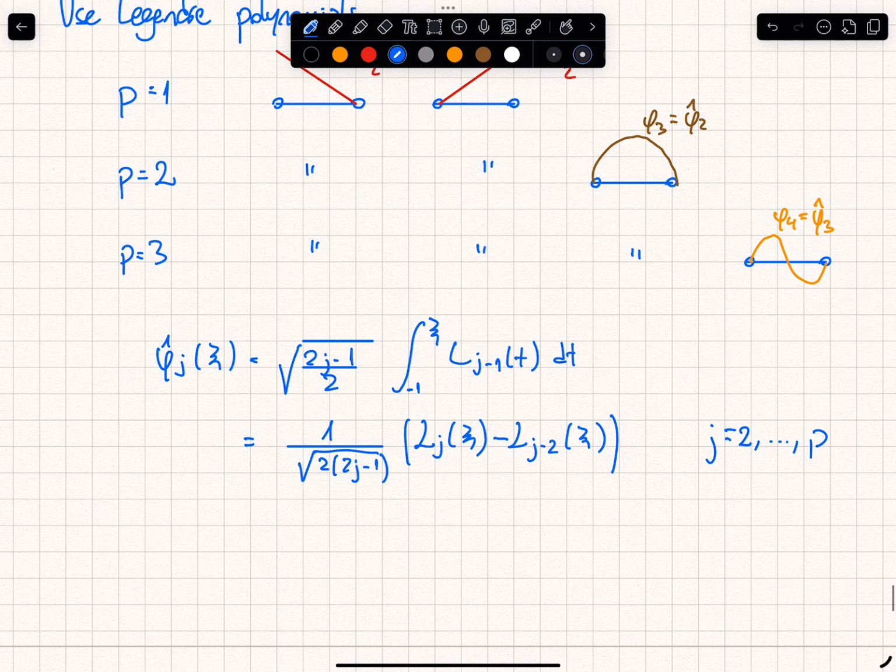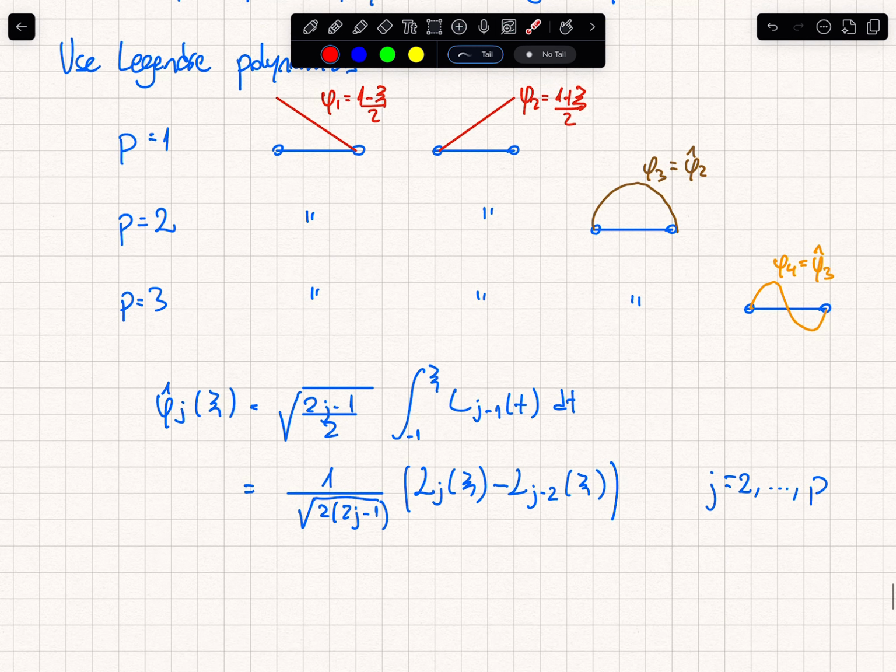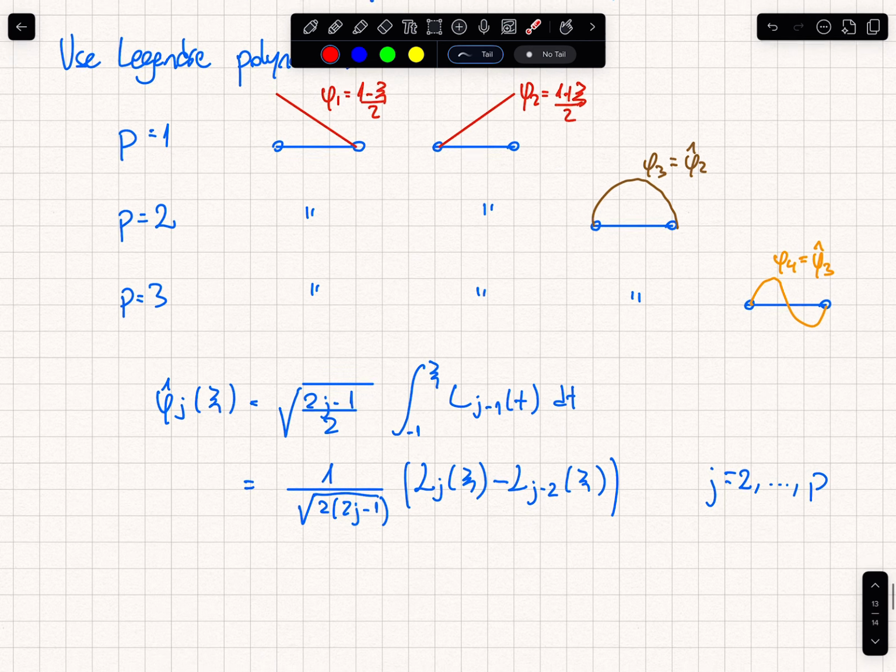And what you see in this function, this is a helper function, right? That is basically helping me to construct these polynomials. So my third shape function is going to be phi hat 2. So then when j is equal to 2, I plug that here. And then if you notice, I use basically L2 and then L0. And those are Legendre polynomials. And those Legendre polynomials are pretty much well defined.